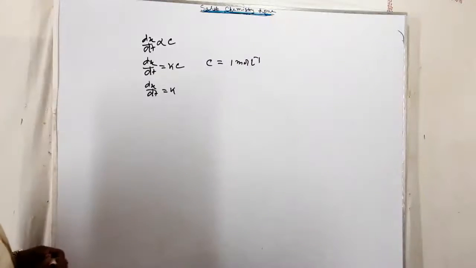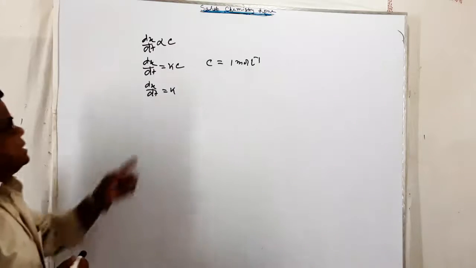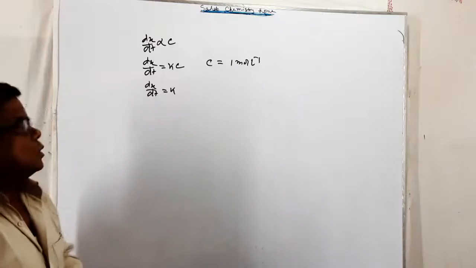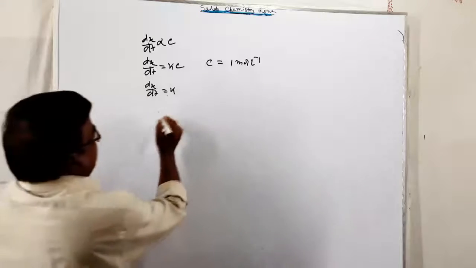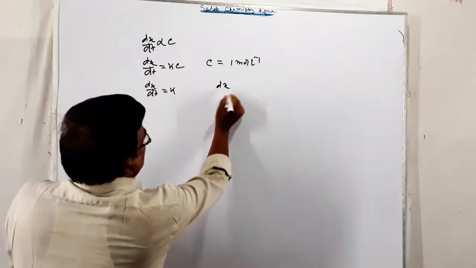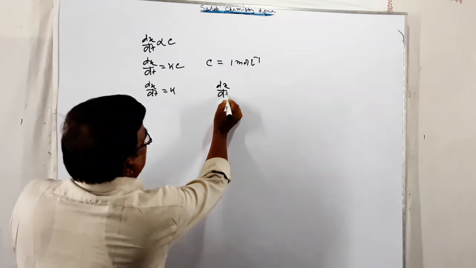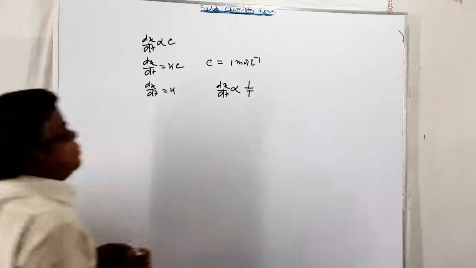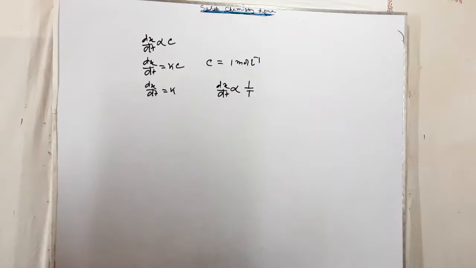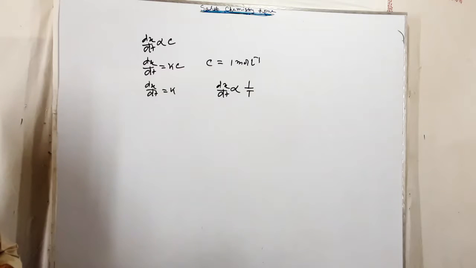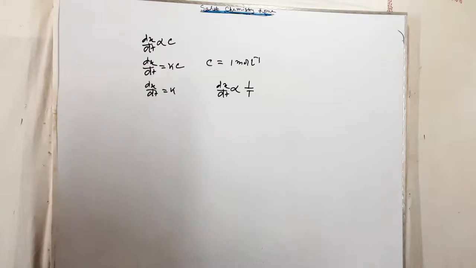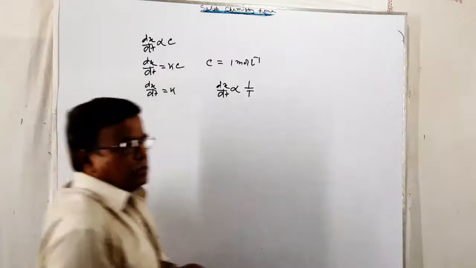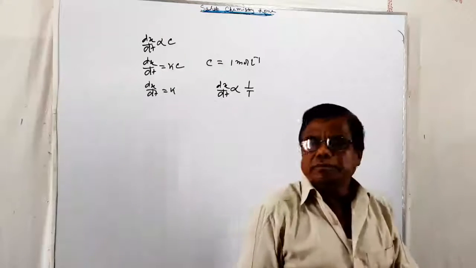That is, in 1 molar concentration, the rate of the reaction is equal to the rate constant, and also the rate of the reaction is proportional to 1/t, that is, the rate of reaction is inversely proportional to the time taken for the reaction.